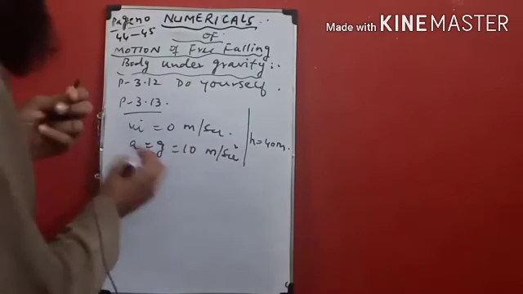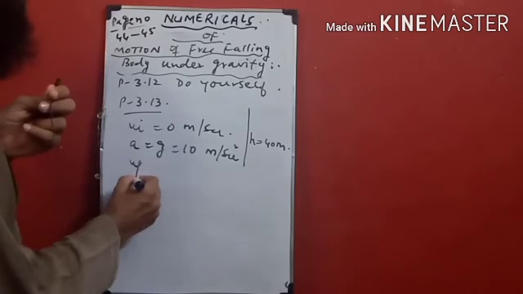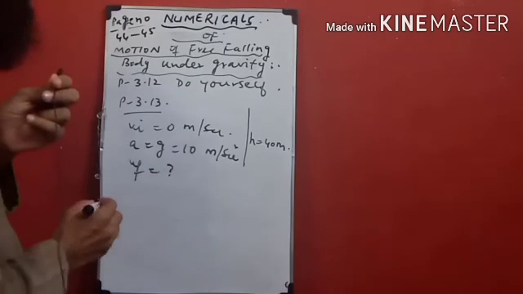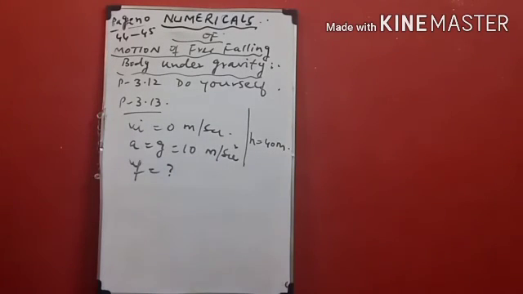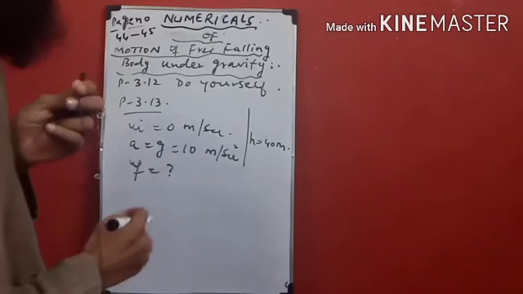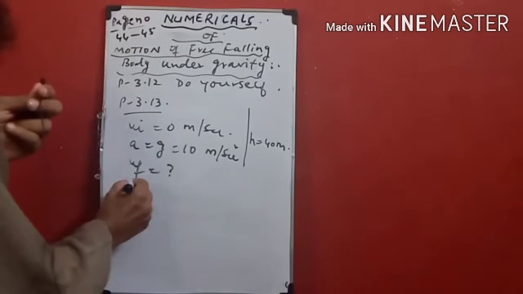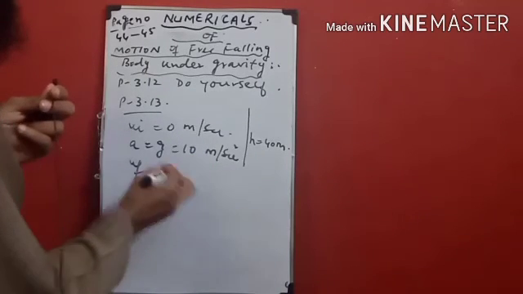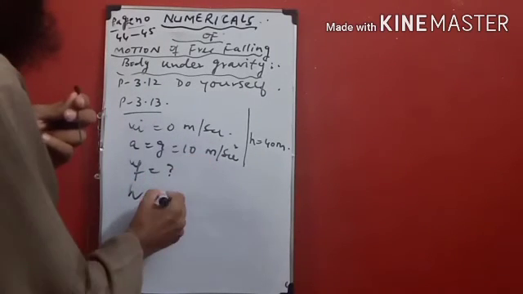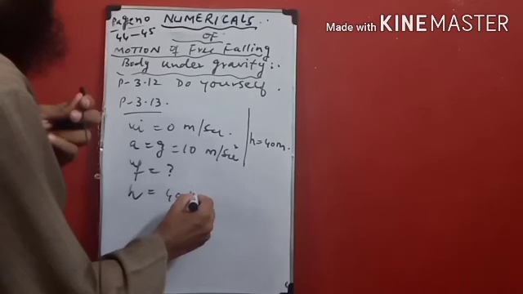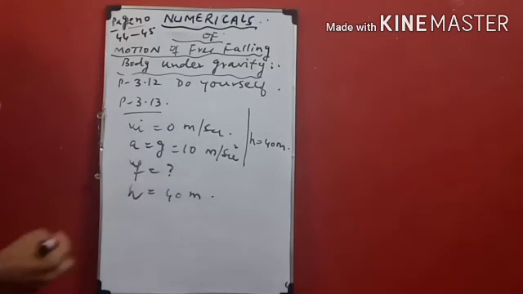In this numerical, the final velocity is required: at what speed the body strikes the earth. But the time is not given over here. Height is given, height is equal to 40 meters.